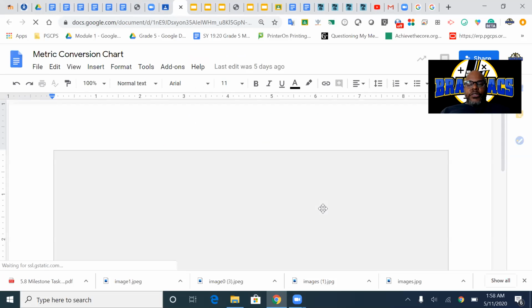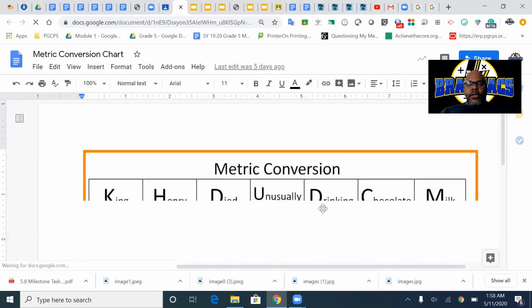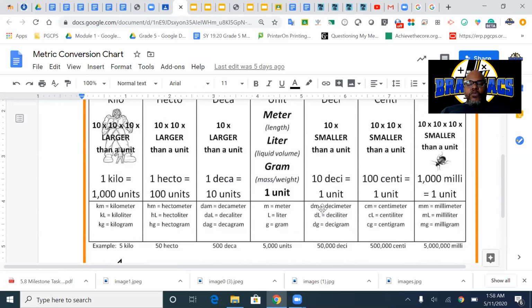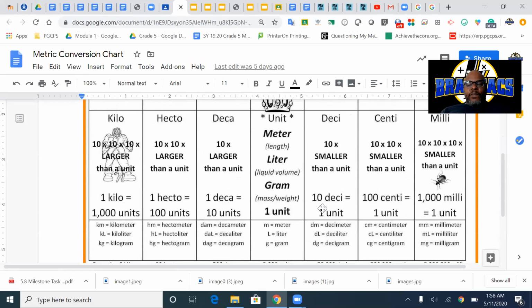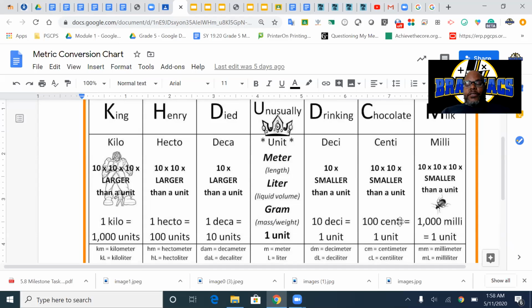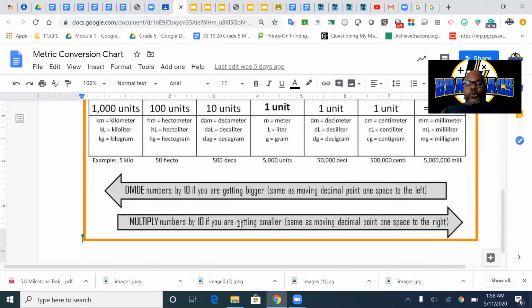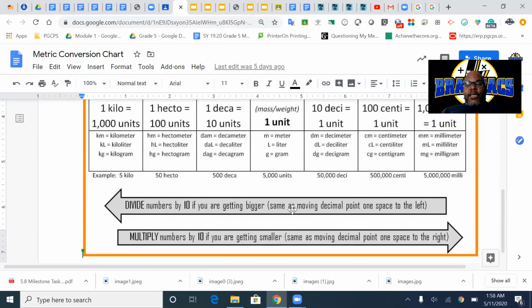So we know that if we're going from centimeters to millimeters, we're going in this direction, we're going to multiply by 10.